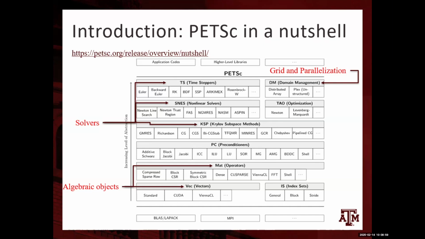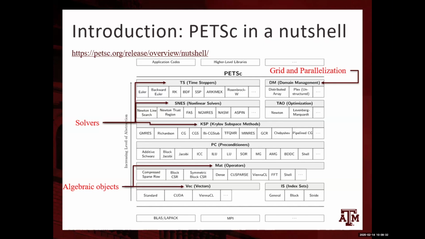KSP solvers are Krylov subspace solvers, which are a class of projection methods, iterative methods that you can use to solve linear systems of equations. So KSP is for linear systems of equations. PC objects are preconditioners, which again you can use with your linear solvers.